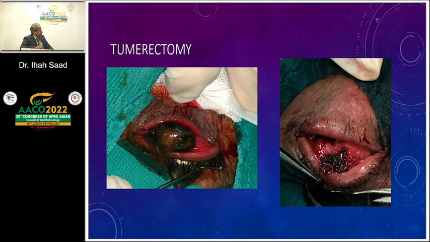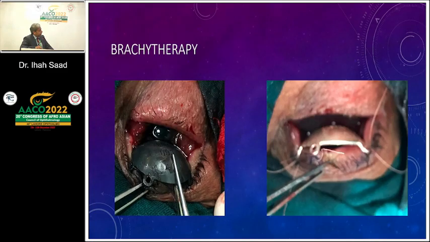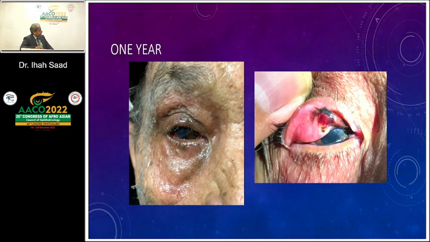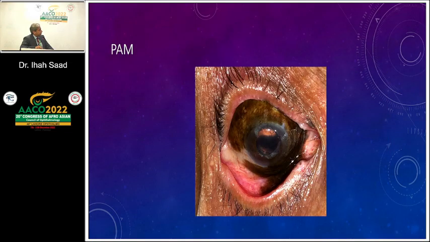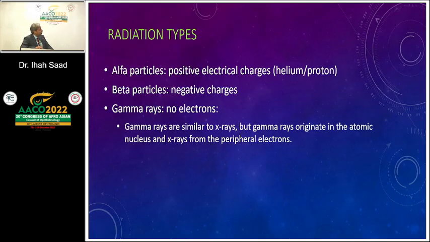We did a safe tumorectomy, we did cryo on the tumor base, and we put a plaque in upside down position, and the post-operative result was really nice as a way of relieving her. The PAM, the primary acquired melanosis that is probably with dysplasia, was cryoed, and the patient was put on follow-up.